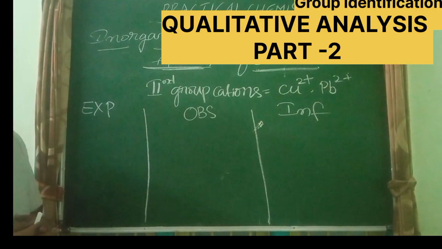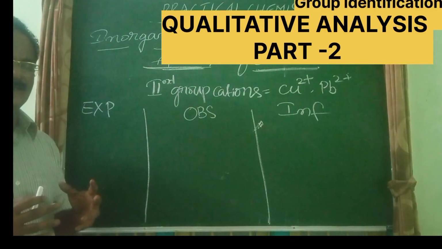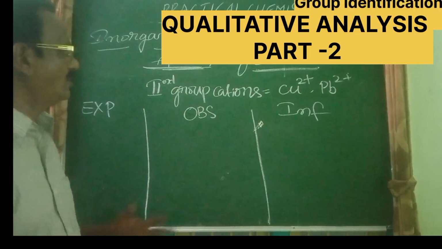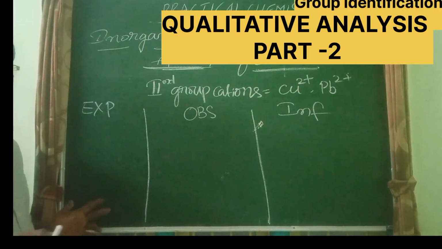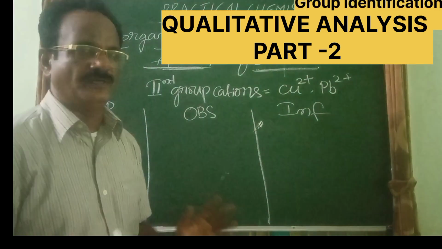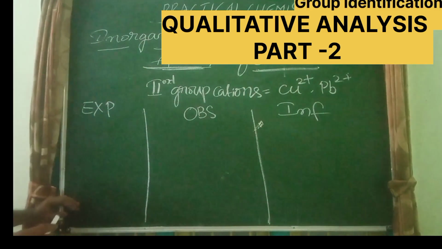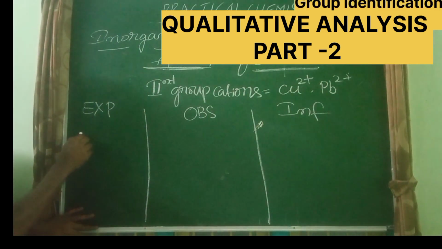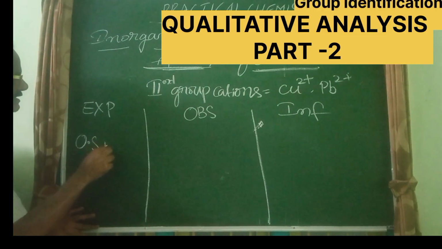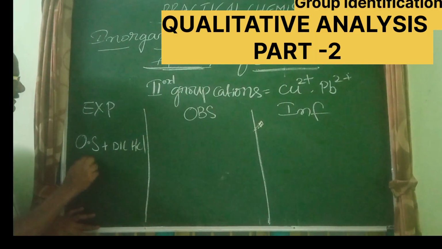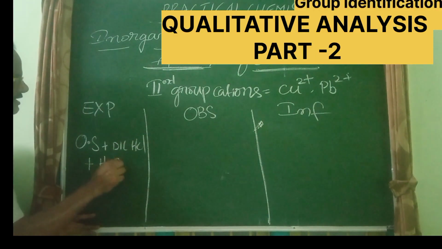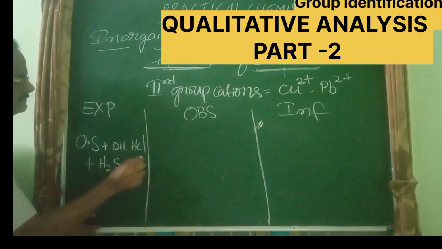See here, during the identification of second group cations, the following test is to be done by the analyst or student. Original solution is added with dilute HCl followed by H2S gas.